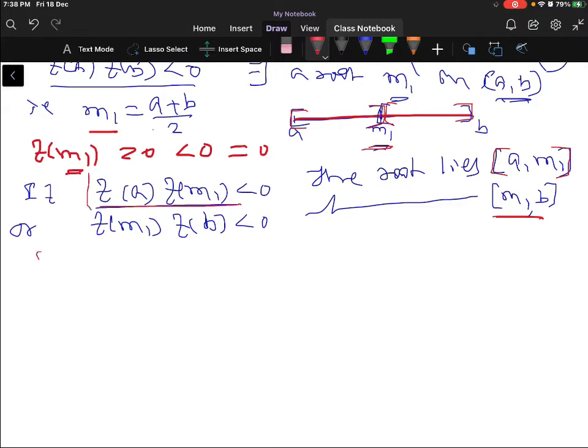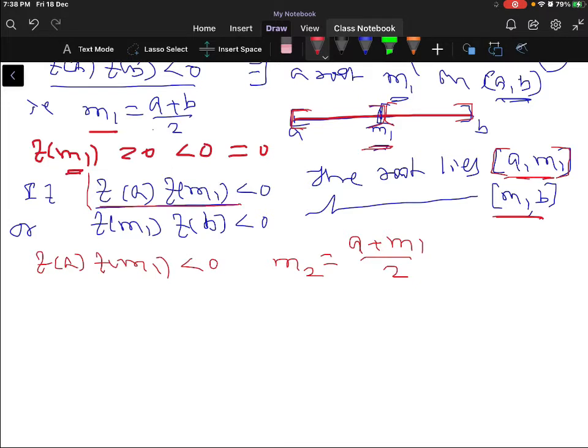You assume that f of a into f of m1 is negative. Then you have to bisect the interval a comma m1 at m2, where m2 is equal to a plus m1 by 2.